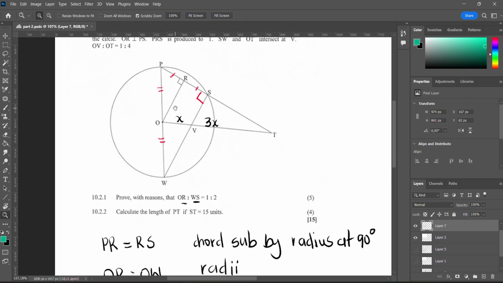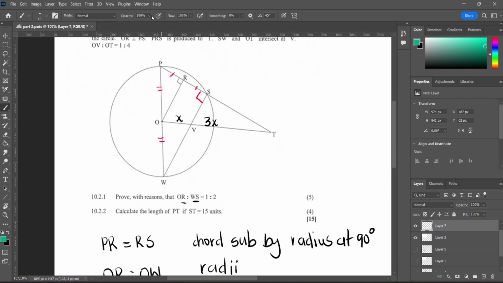You just want to prove that this triangle, let me decrease the opacity of this triangle right here, is similar to this triangle right there.